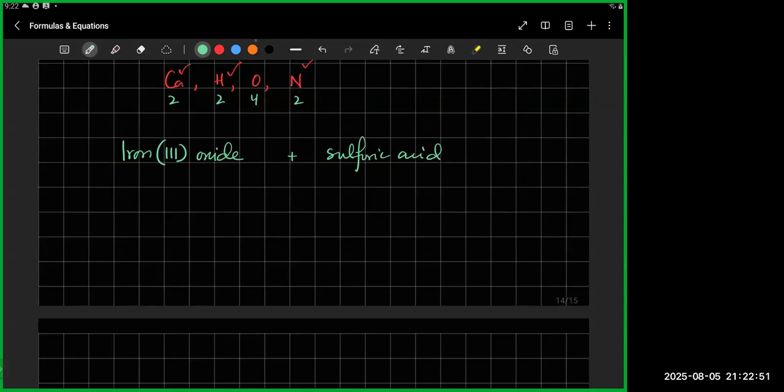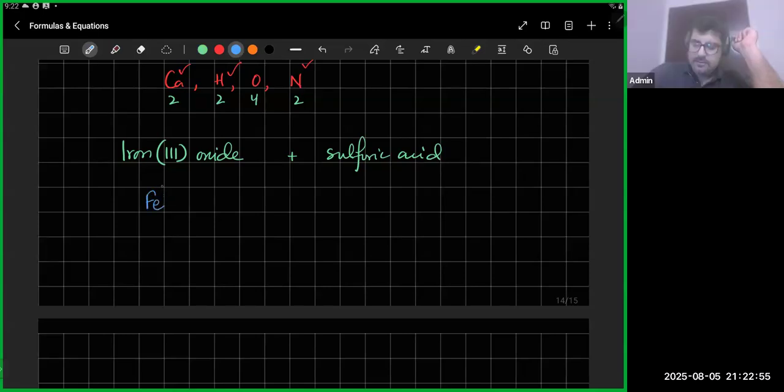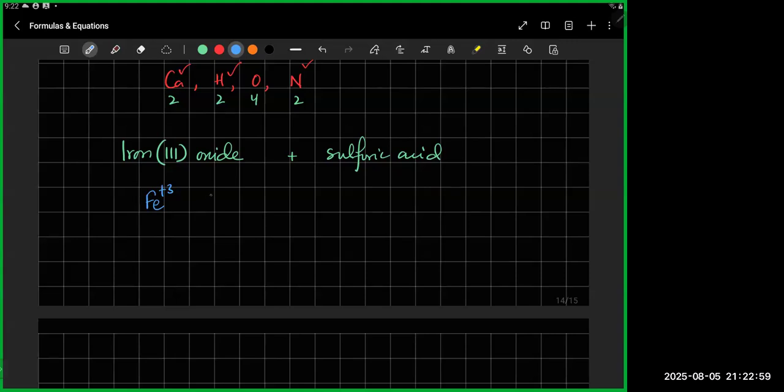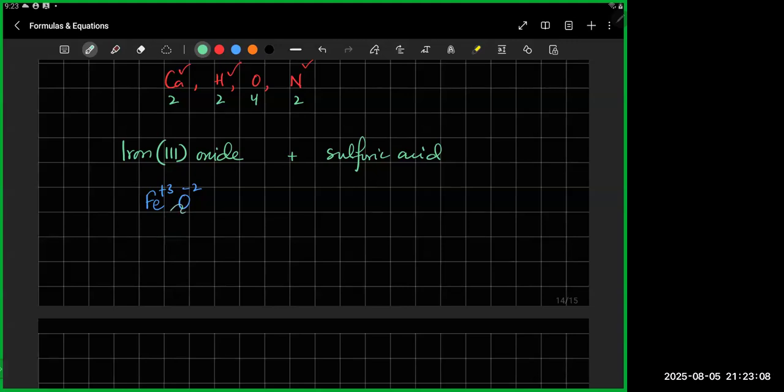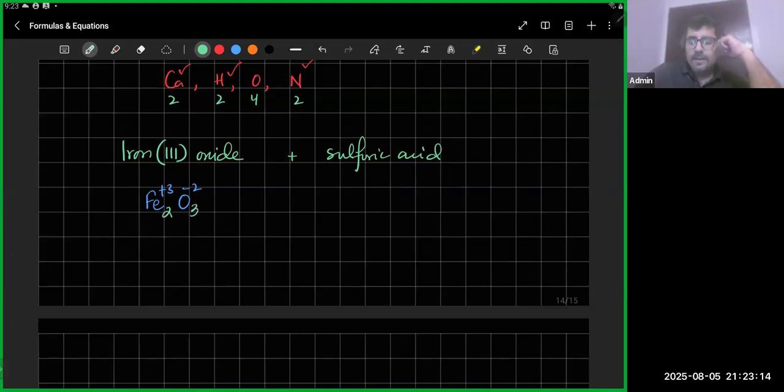Sir, iron with positive 3 charge. Iron has a positive 3 charge, so what will the formula be? Oxide is O minus 2. So what is the formula? Fe2O3, because that's the formula. Quickly, who remembers what sulfuric acid is?